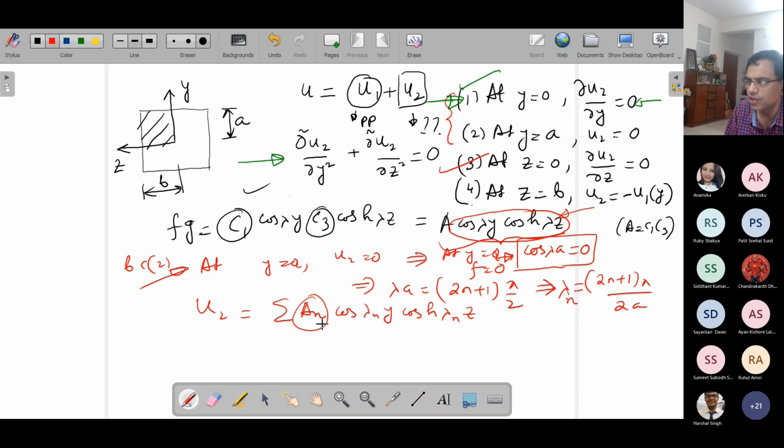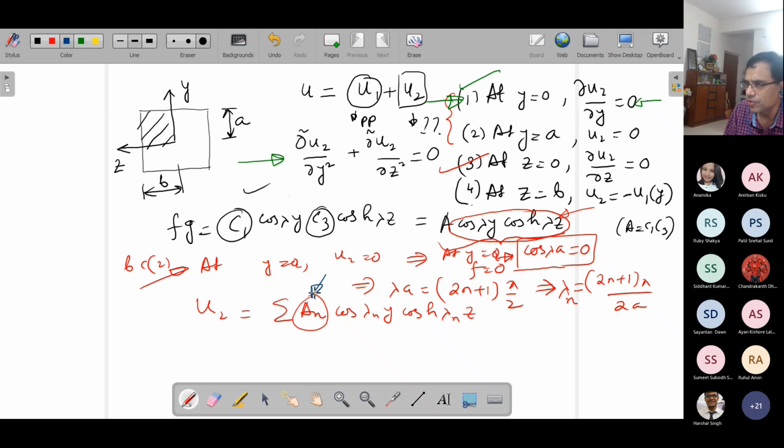Individually they are solutions, but the general solution is a summation with the corresponding constants of integration multiplied. So this an is the reflection of the constant of integration. So in that way, we have arrived at the solution, except we could not so far obtain the value of this one, an. And remember, there are n such coefficients, not just a single coefficient.